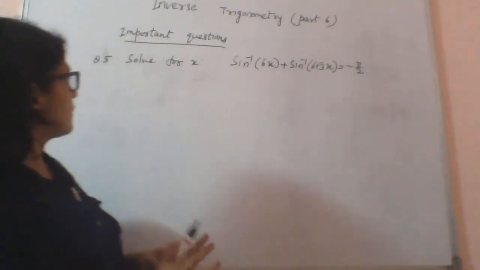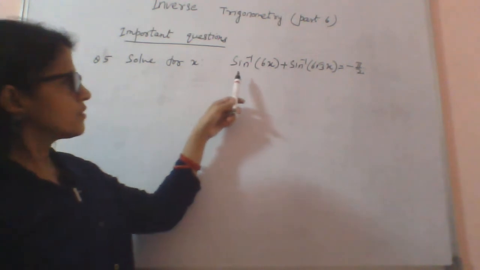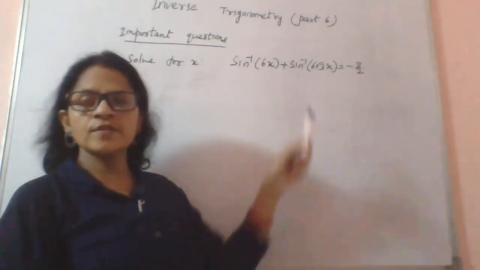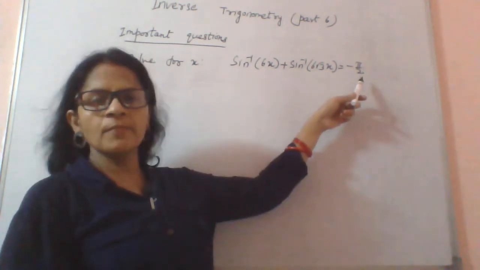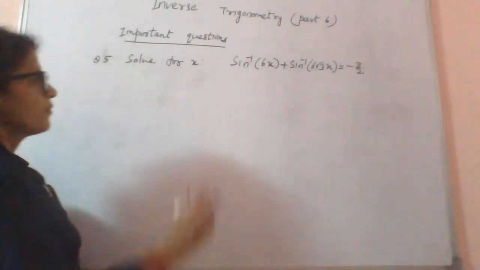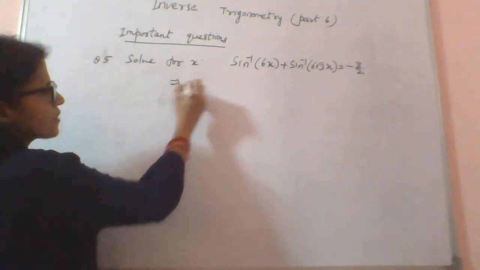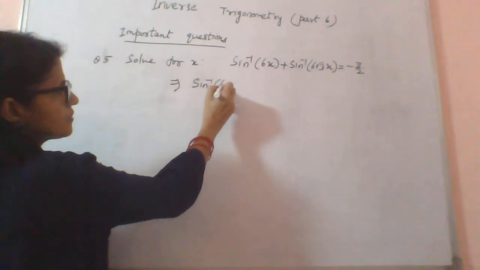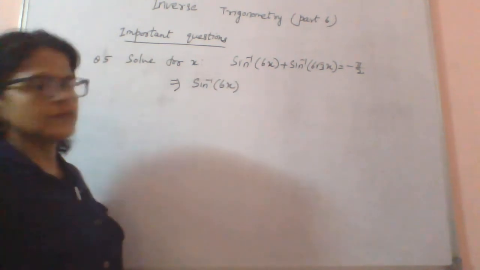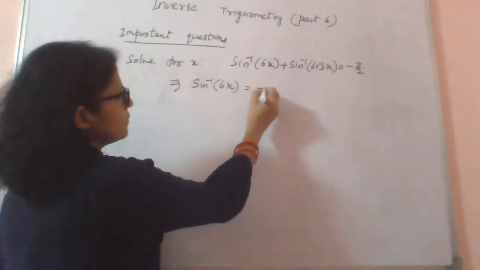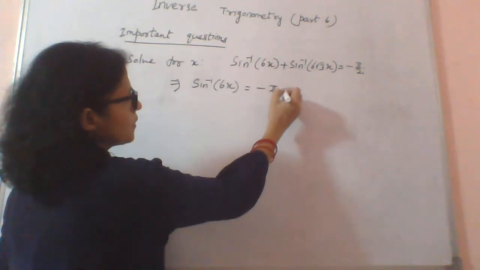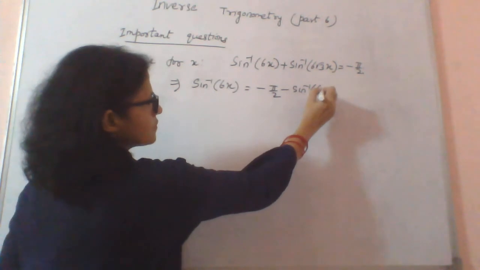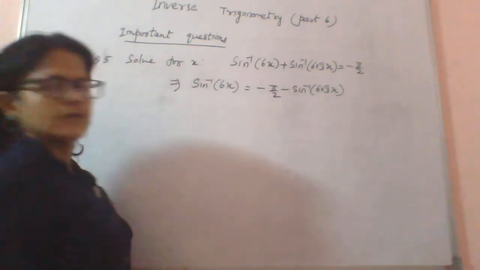And the next question is, solve for x: sin inverse 6x plus sin inverse 6 root 3x equal to minus pi by 2. Okay, so to start with, this implies sin inverse 6x is equal to minus pi by 2 minus sin inverse 6 root 3x.